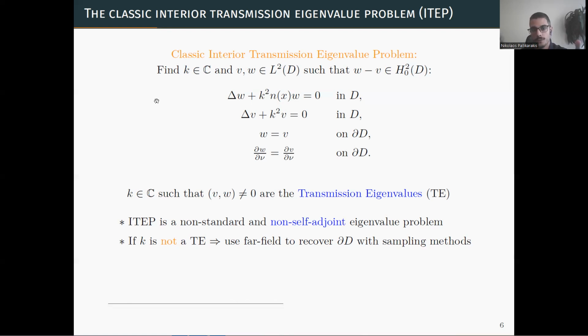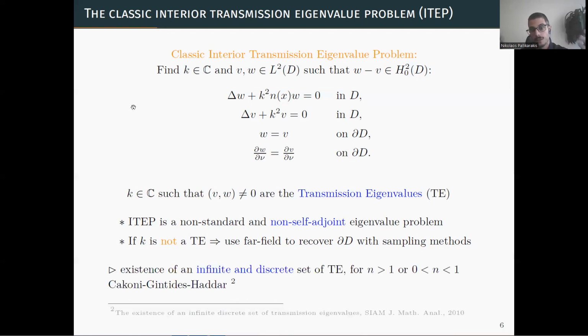This was the first attempt to solve the inverse problem of recovering the boundary. Since in this case we're trying to avoid transmission eigenvalues, not to use them somehow, the research was focused on existence and discreteness of the spectrum, because if it is indeed discrete, it can be avoided, so it can be used for sampling methods.